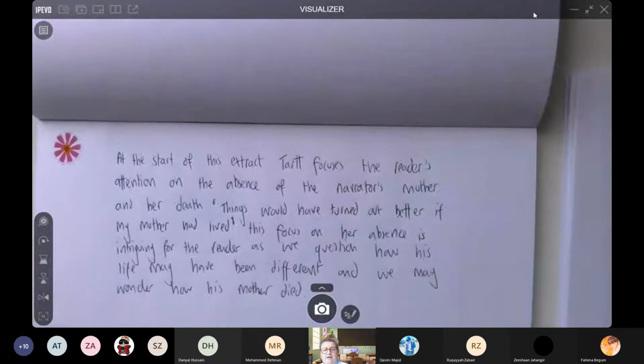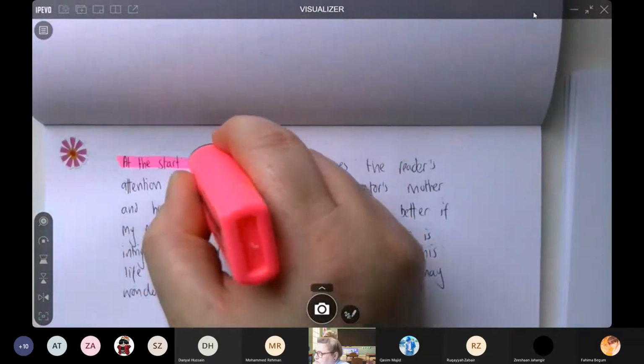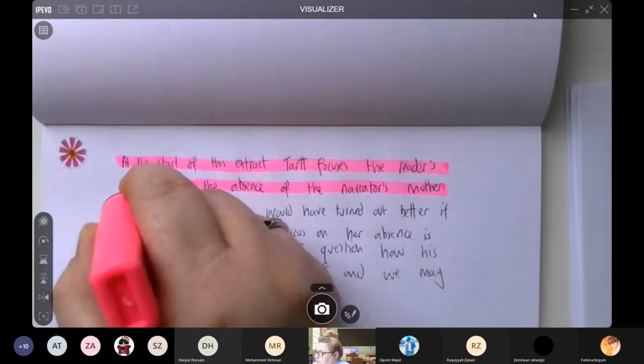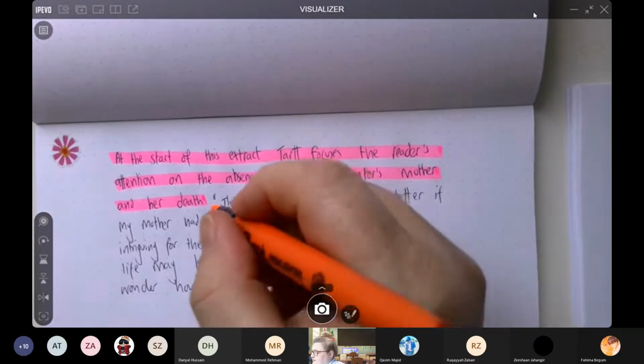So we've got a very straightforward paragraph here. At the start of the extract, Tart focuses the reader's attention on the absence of the narrator's mother and her death. That is our what statement. So what does the writer focus our attention on? That's what she focuses our attention on. We've then got the how section.